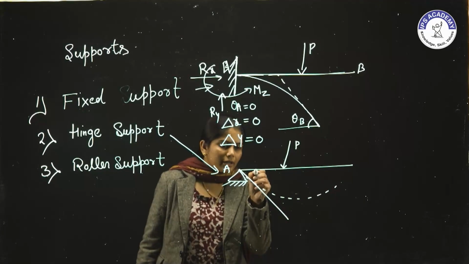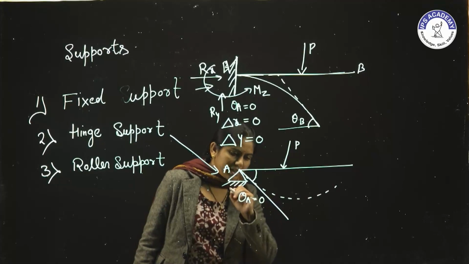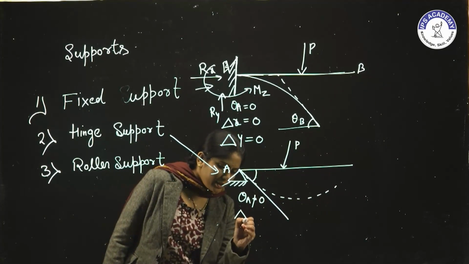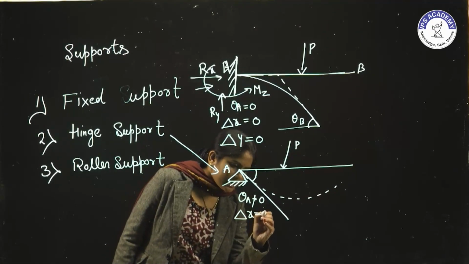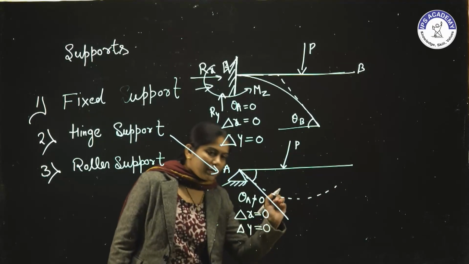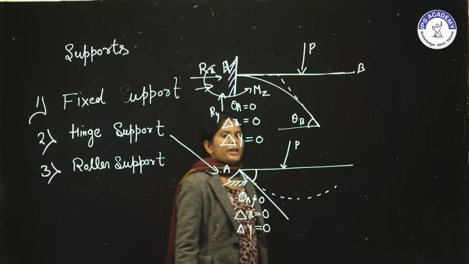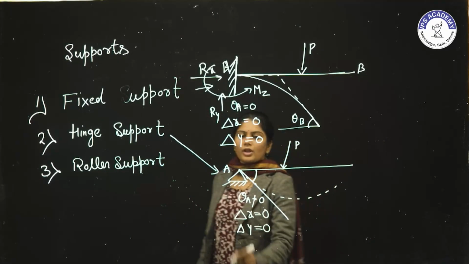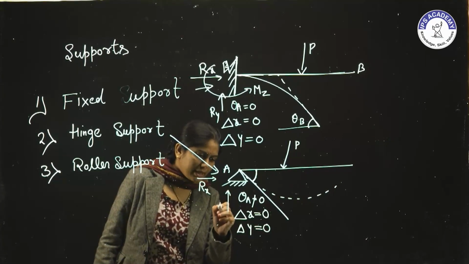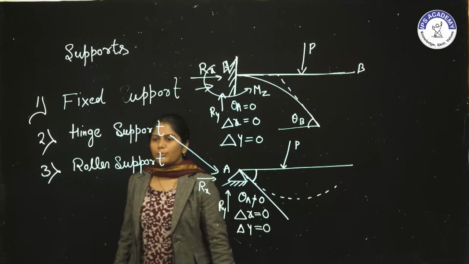Now at the point A slope will be developed, theta not equal to 0, but del x will be 0 and del y also will be 0. So there will be two reactions, first Rx, second Ry.